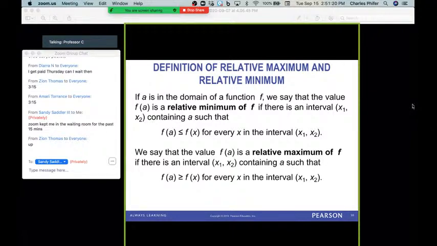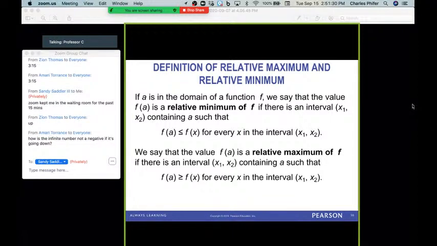It's like the bottom of a valley. So in a graphical sense, the local minimum is going to be less than all of the nearby y values, and a relative maximum is going to be greater than all the nearby y values. It's going to appear like the peak of a mountain.